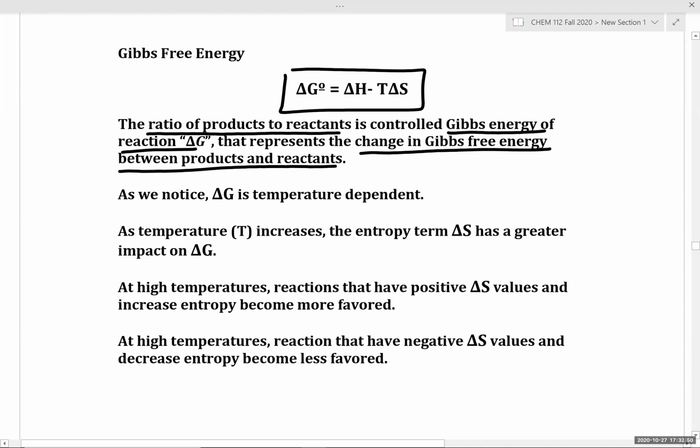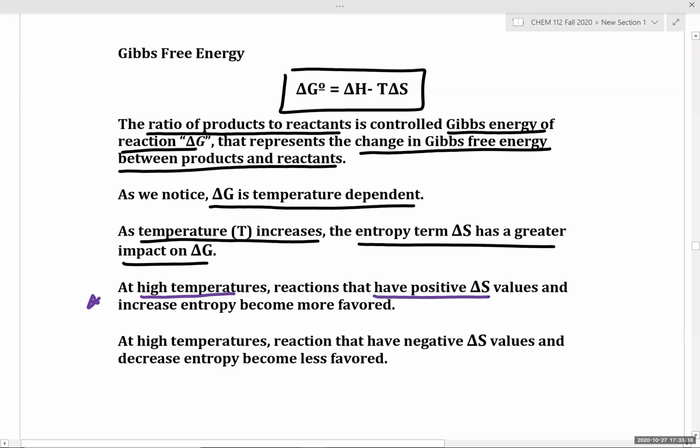One thing that immediately stands out to us, as we've observed previously in general chemistry, is that the Gibbs energy of a reaction is temperature dependent. And as the temperature increases, the entropy term has a greater impact on the Gibbs energy of the reaction. Now, what this means practically is that at high temperatures, reactions that have positive entropy values that result in an increase in entropy become more favored.